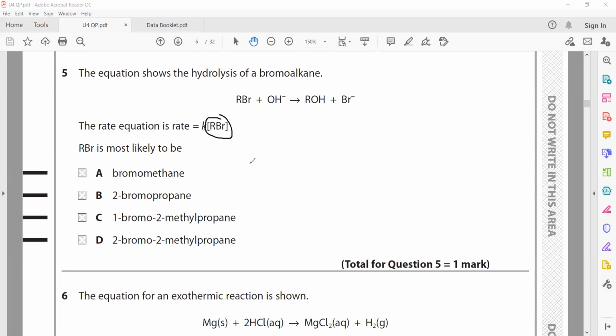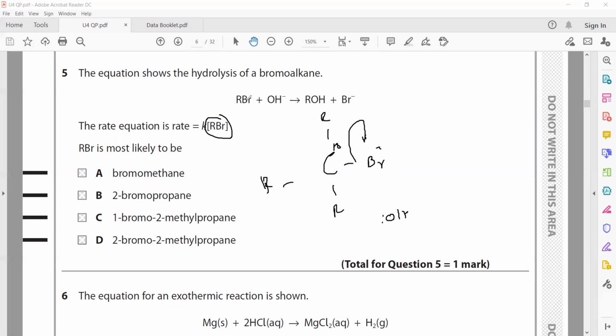Because when tertiary halogen alkanes are there, there is steric hindrance, like the attacking nucleophile does not find space to attack the central carbon, which is surrounded by alkyl groups. So due to steric hindrance, the OH, the nucleophile, cannot attack this partial positive carbon. So first the bond breaking should happen and then OH will attack. That's why the rate only involves the halogen alkane, not the OH group.